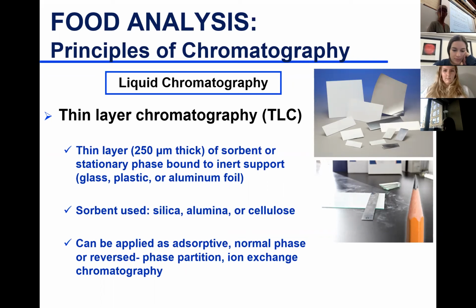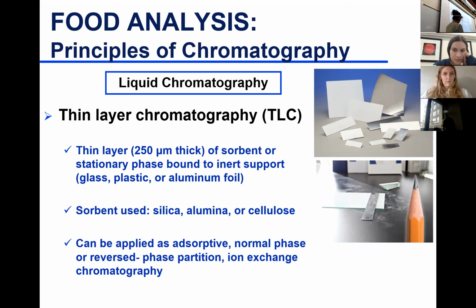Nowadays, you can buy these plates already prepared for you. In the past, many years ago, when I was a student, we used to prepare the gel ourselves, clean the square glass, spread the silica, let it dry and then run our samples.